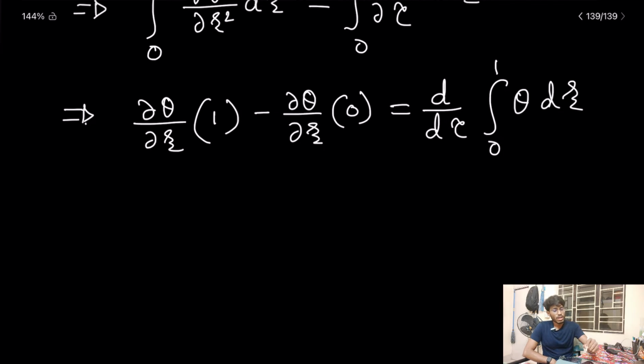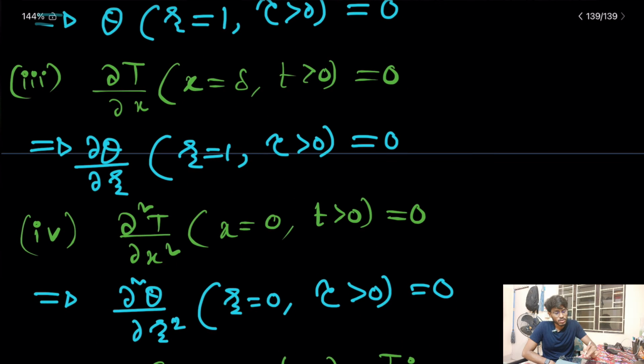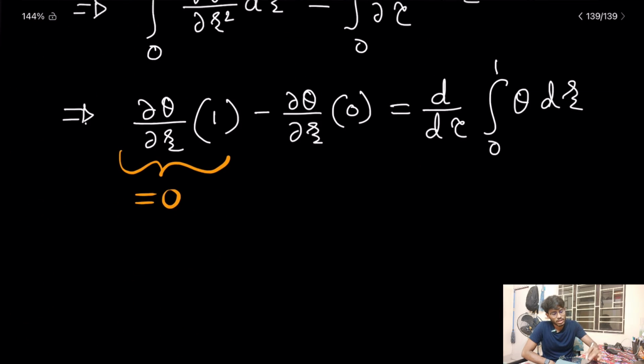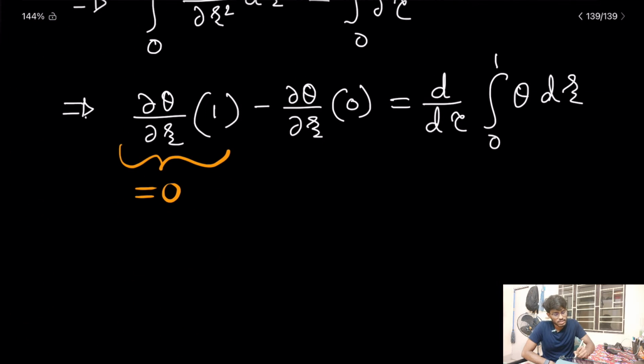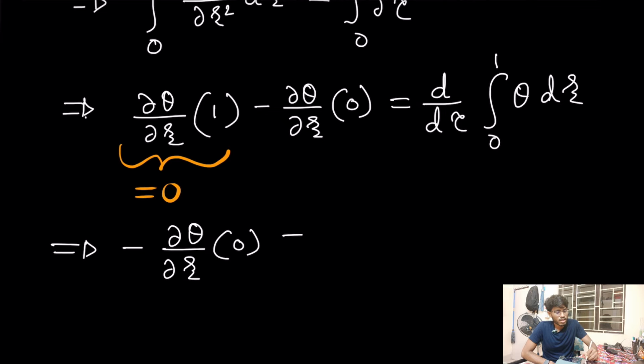So now I know that this is equal to 0 from this boundary condition, clear? So this boils down to this one.